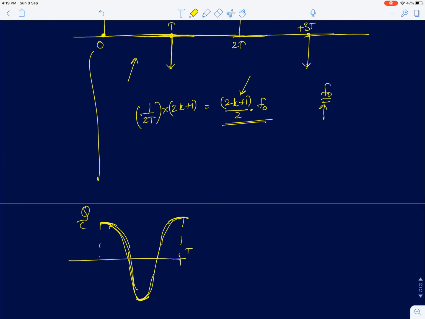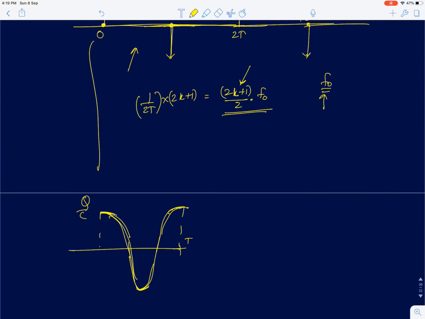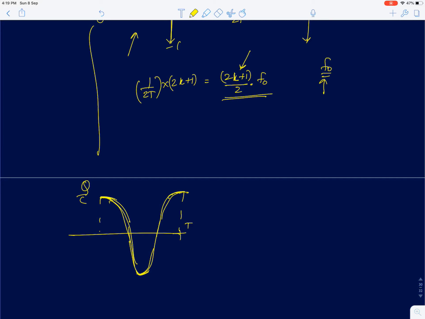But at t equal to t, you are injecting a negative charge of value minus q, while the voltage is q by c. So the voltage across the capacitor will instantly go to 0 at t equal to t, and then it will stay there, because you have suddenly made the energy go to 0.